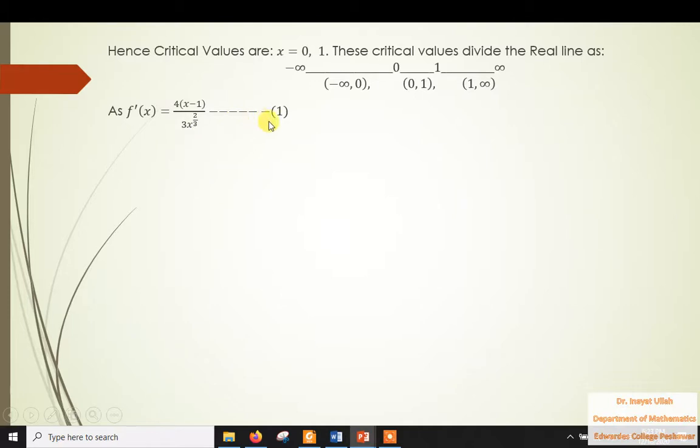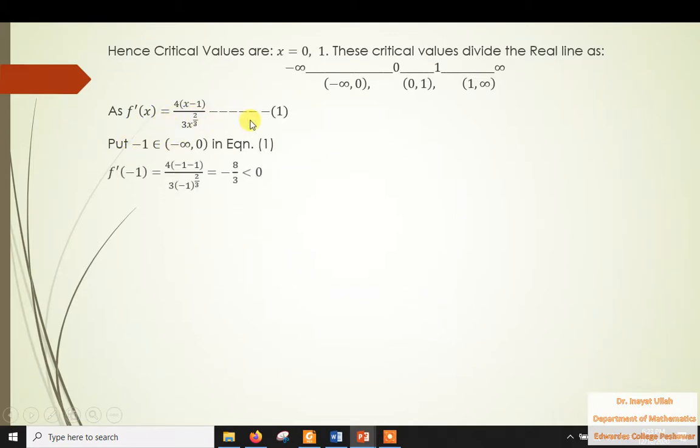That is equation 1. Now take one value, say -1 here. You can take -2 as well, -3, -4, but -1 is simple enough. So -1 belongs to minus infinity comma 0. So put x equal to -1 in this equation.